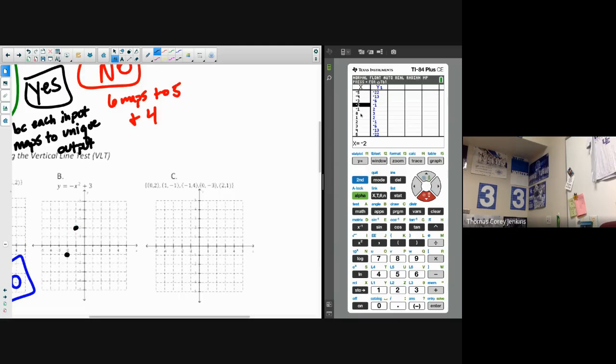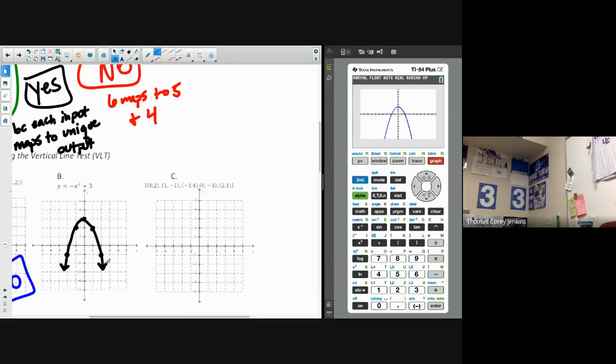And we also have 0 maps to 3. 1 maps to 2. And sorry, 2 maps to -1. So that'll give me a nice accurate graph. When I go back to the graph, I can tell that it looks like it just goes down and down forever. I'm just going to go through my guide points there and just put an arrowhead there.